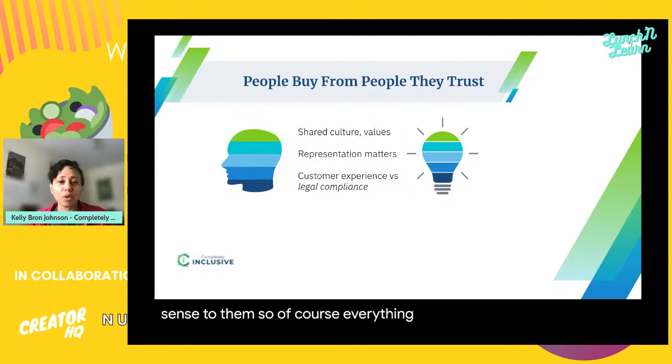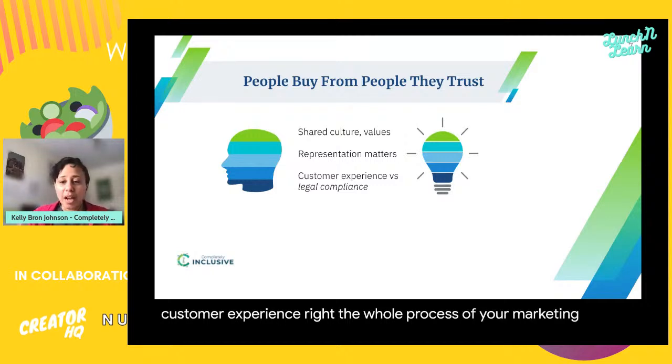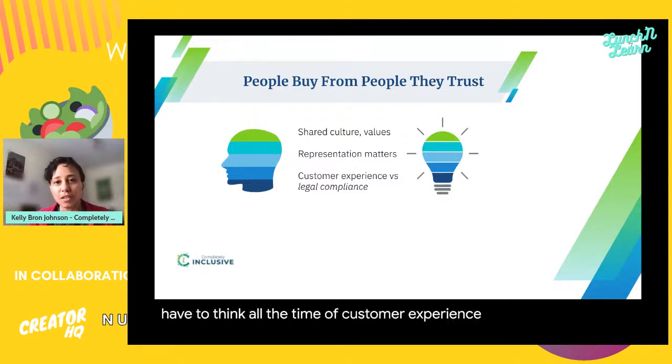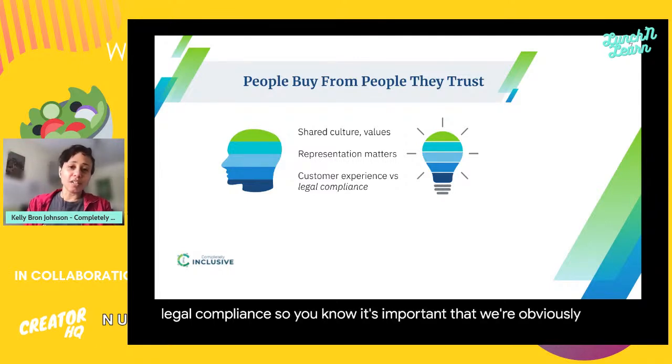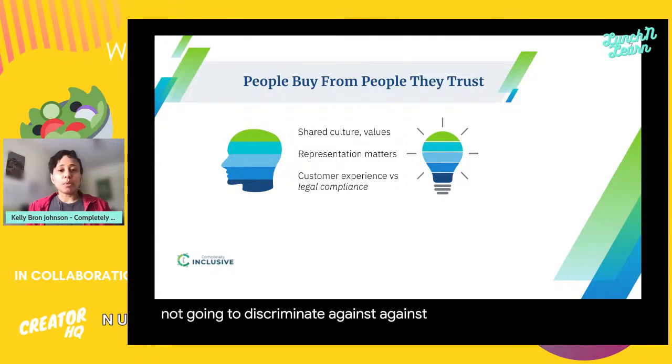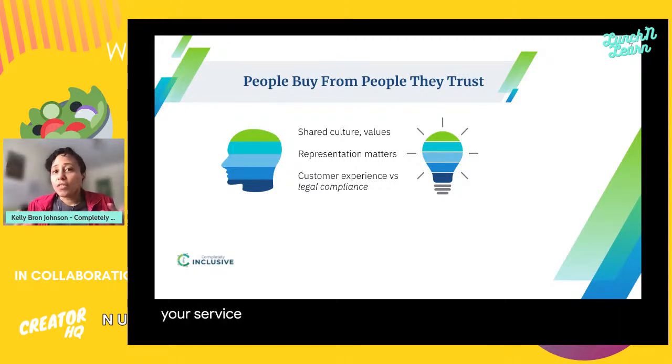So of course, everything in marketing comes down to customer experience, right? The whole process of your marketing, we have to think all the time of customer experience. And so again, there's the shared values, but I do want to bring in this little piece of legal compliance. It's important that we're not going to discriminate against people. You still have to have a niche and a market, and understand that your product or your service is not for everyone.